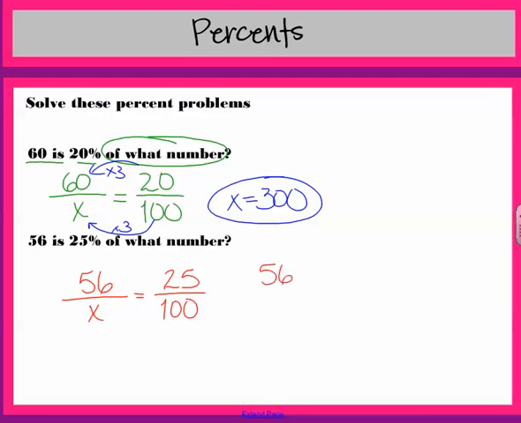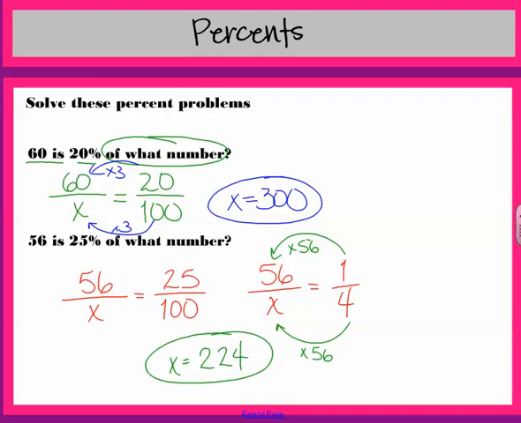So we'll look at 56 compared to x, and then we'll use the ratio of 1/4. Well, now we can see that we just need to multiply by 56 because 1 times 56 is 56. So we'll do that to the 4 as well. And that tells us that x is 224. So 56 is 25% of 224.